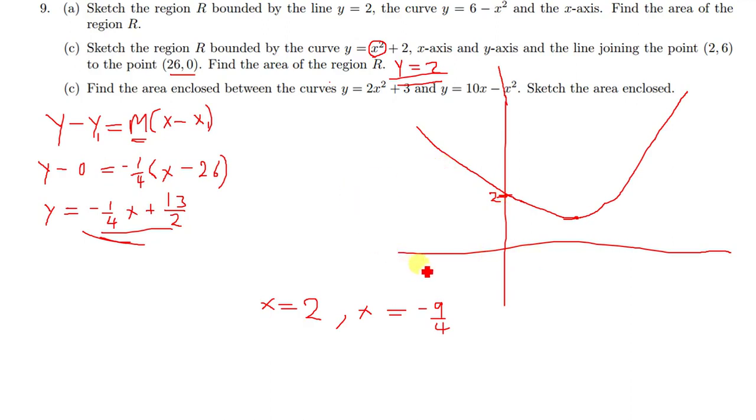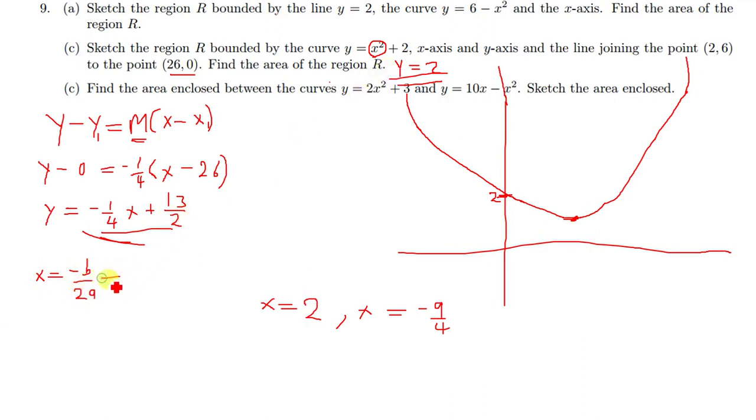Let us now try to find the minimum value, which is this point. How do you find that? It's also called the turning point. At the turning point, we know that the value of x is just equal to -b over 2a, or if you want, you can just differentiate and then equate it to 0.